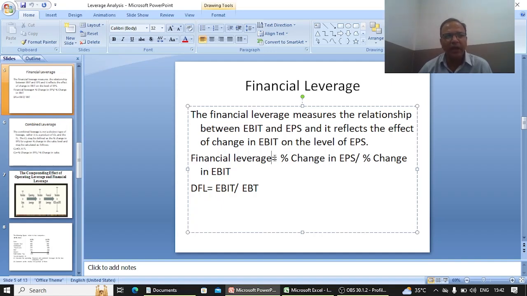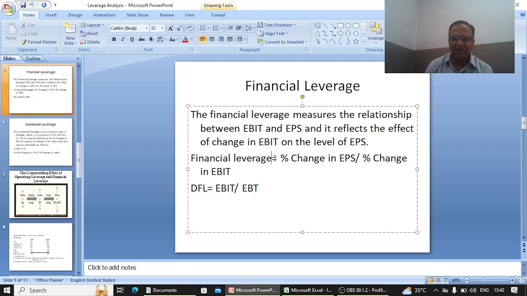But at the same time, you have to keep in mind always that if you are using more leverage, the firm becomes riskier. EPS may be increased, but the riskiness of the firm increases very sharply.